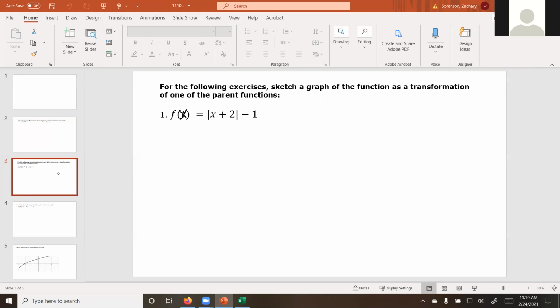Okay, so back to this. I have f of x equals the absolute value of x plus 2, minus 1. Now, step 1 is to kind of find that starting graph, or identify the starting graph. So the fancy name for those are parent functions.